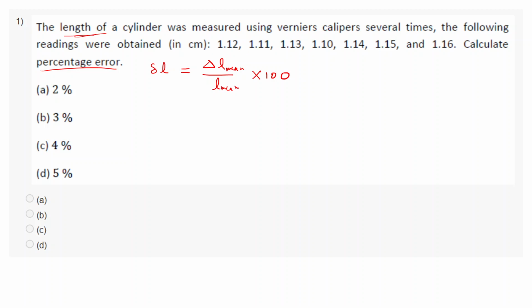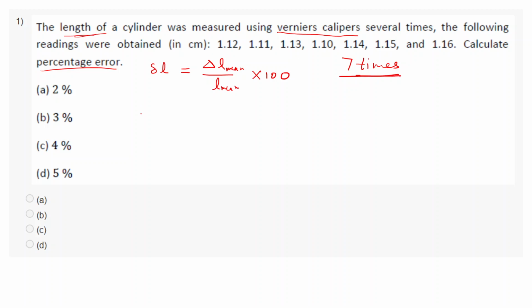So here we have to calculate these two quantities to find this percentage error. This experiment was carried out using this instrument many times. How many times? 1, 2, 3, 4, 5, 6 and 7. So this experiment was done 7 times.